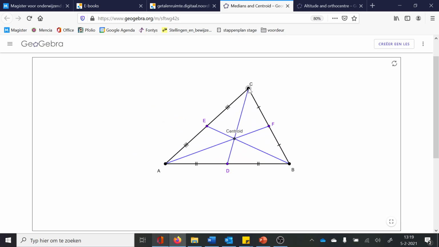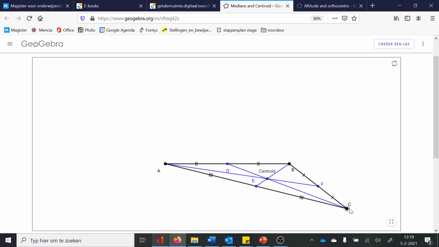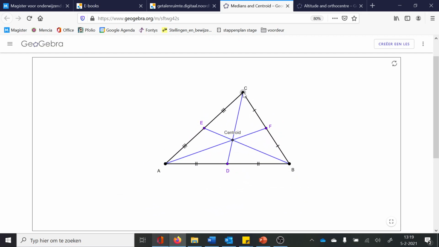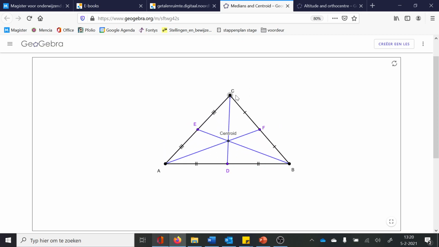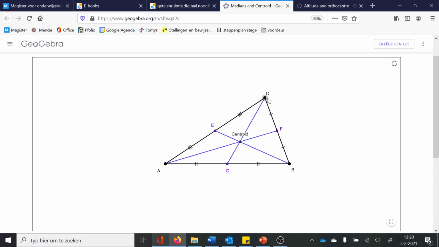We'll see that with the other special line, altitudes, that's not the case when they intersect. Right? So that's how the centroid moves. And you can see the medians themselves always go through the vertex. I can actually not move this point, only this one, okay? You see that they don't move from where on the vertex they are, right? They always go through the vertex.